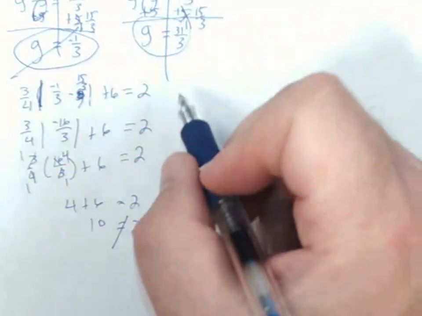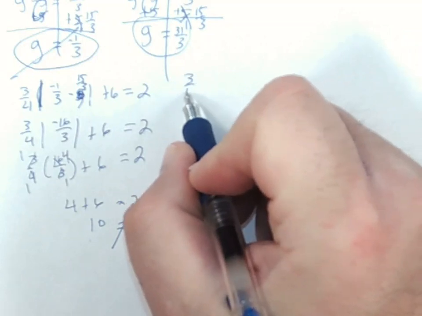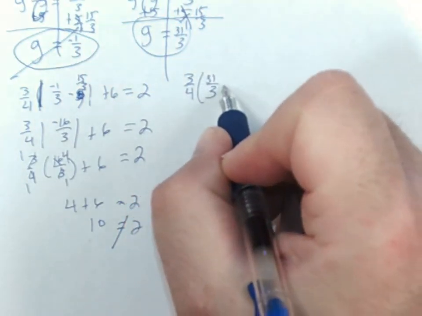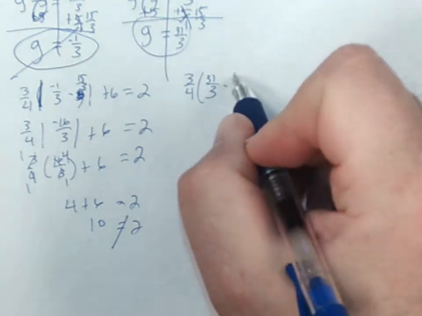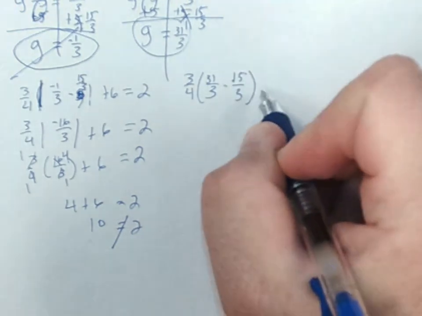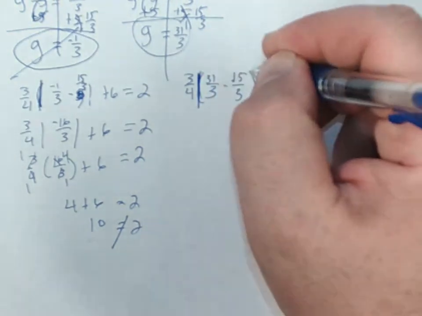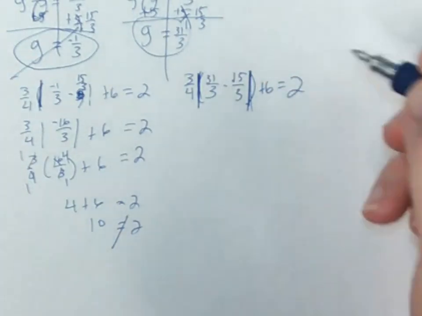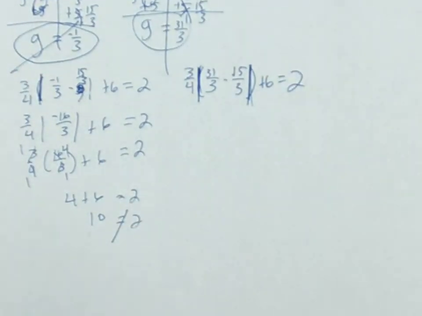We got g equals 31 thirds. So we'll see if this works. 3 fourths times the absolute value of 31 thirds minus 5, and I might as well make this 15 thirds while I'm thinking about it. Whoops, this is supposed to be absolute value bars. I did it again. And that equals 2. Again, when you're checking your work, you're not adding, subtracting, multiplying, or dividing things from both sides.